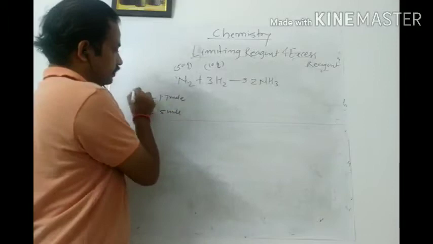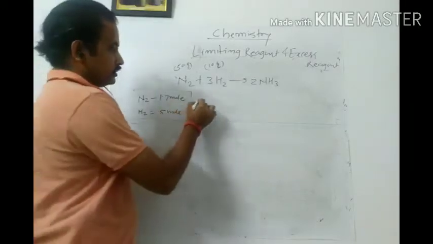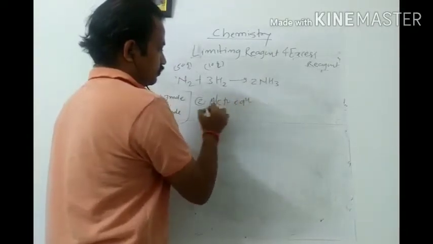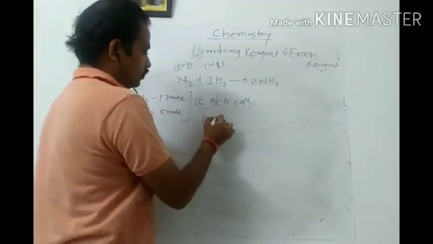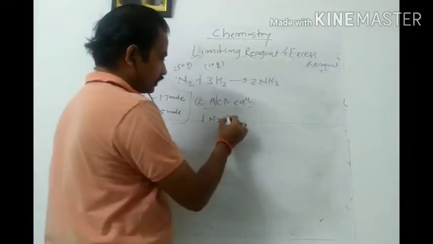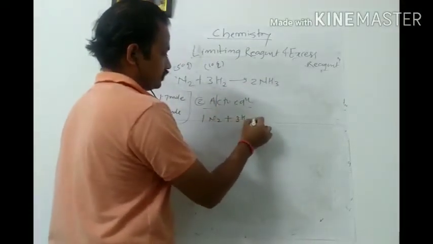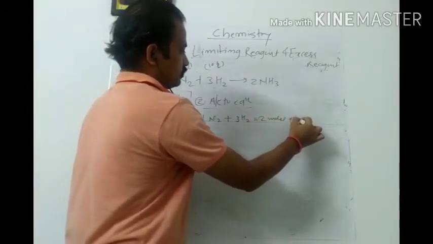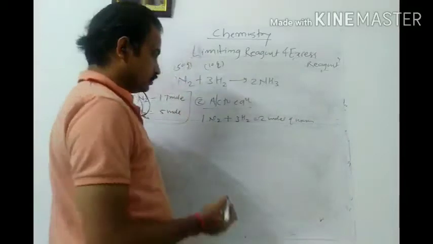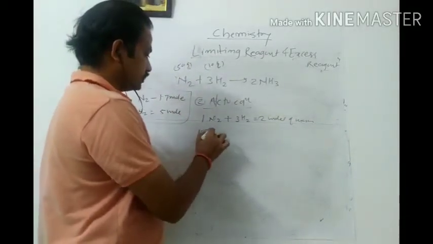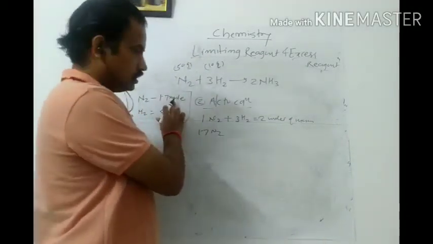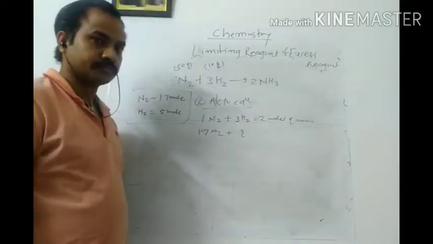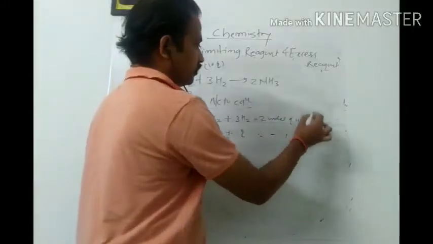We need it for the second step, in which we have to consider the equation. According to the equation, 1 mole of nitrogen reacts with 3 moles of hydrogen, and I will get 2 moles of ammonia. So for 1.7 moles of nitrogen, how much hydrogen should I need so that I get the same amount of ammonia?